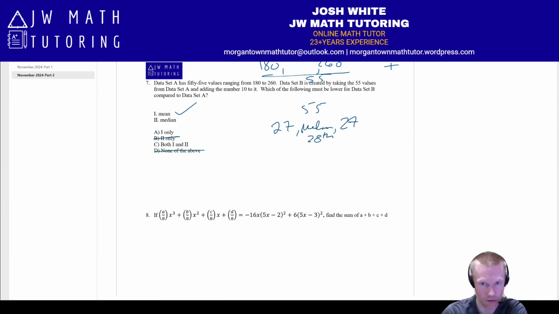So the 28th value is your median. For the new one with 56, it's the average of the 28th and 29th value. You add those together, divide them by 2, and that's your new median. But we don't know what those are. So the median could be lower, but we don't know that it must be. So the correct answer to this one is just going to be letter A.